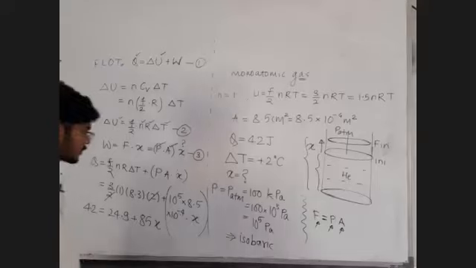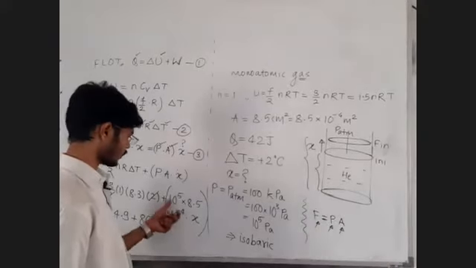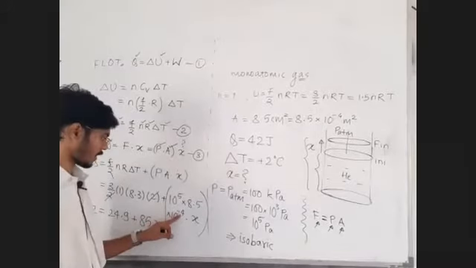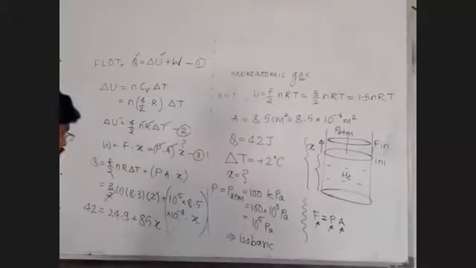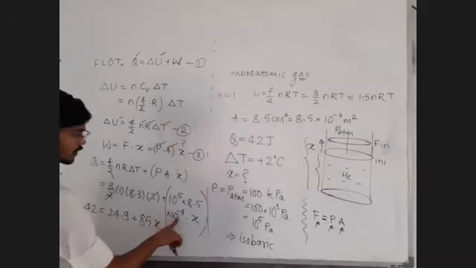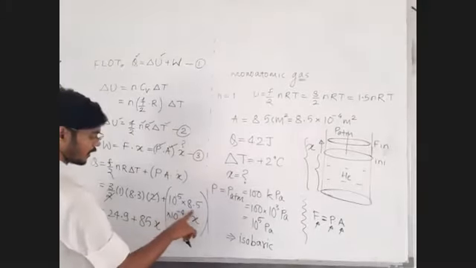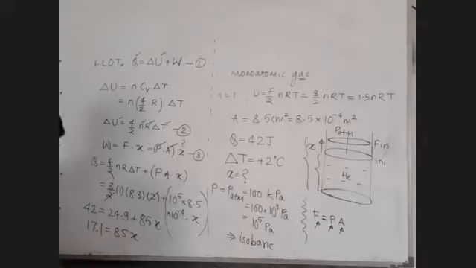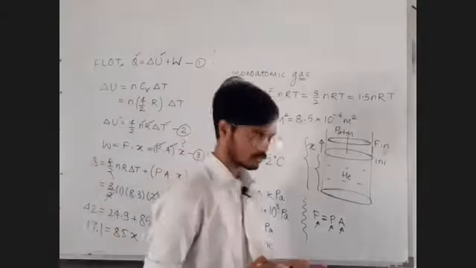I think yesterday we did the wrong calculation. I think I wrote minus 1 here, which was wrong. 10 raised to plus 5 into 10 raised to minus 4 will be 10 raised to plus 1, and not minus 1. So that is 10 into 8.5, which is 85. Here it was 42. 42 minus 24.9. I think you gave the answer as 17.1. I just remember it. Check if I am right or wrong. Am I right?